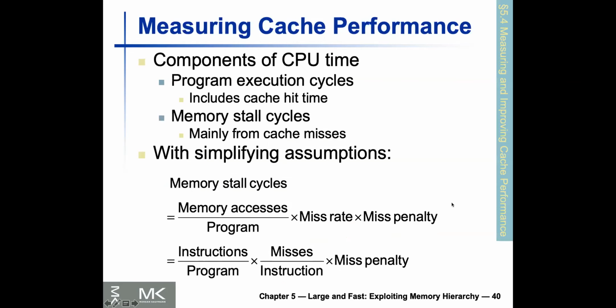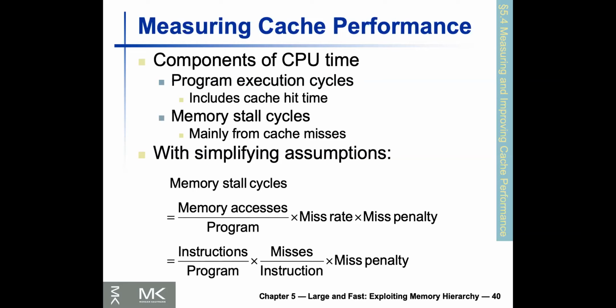Now let's add some more stuff as cache onto this memory. Remember, we had a component of CPU time. Now we have execution cycles that are included with the cache hit time, because if we hit with cache, everything goes as normal, which is showing that your program executes.